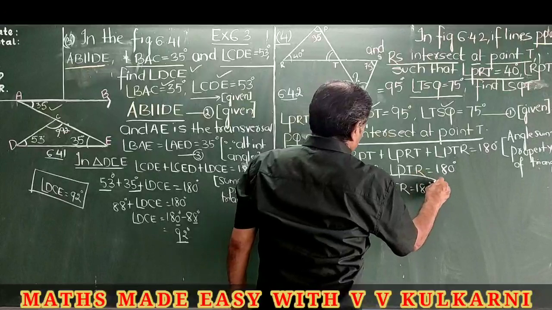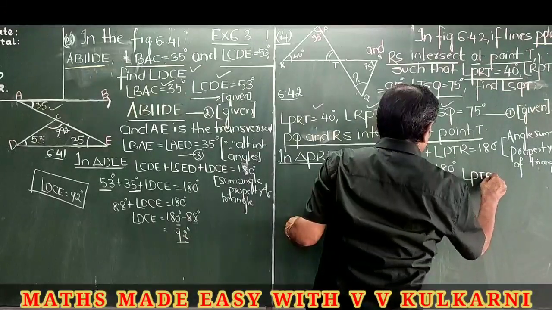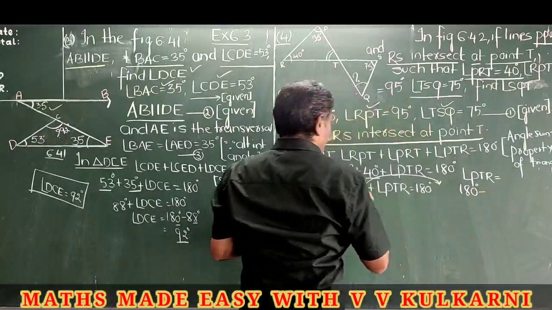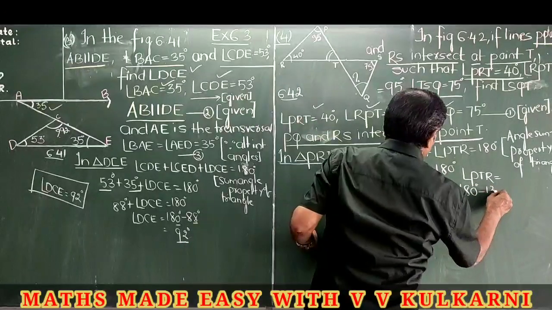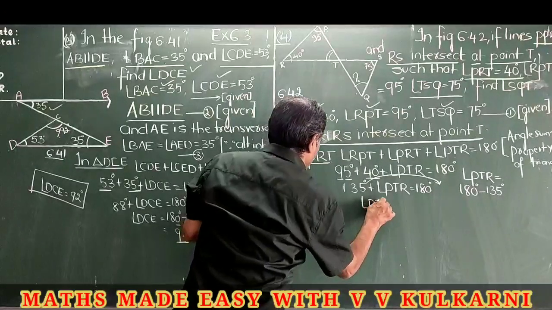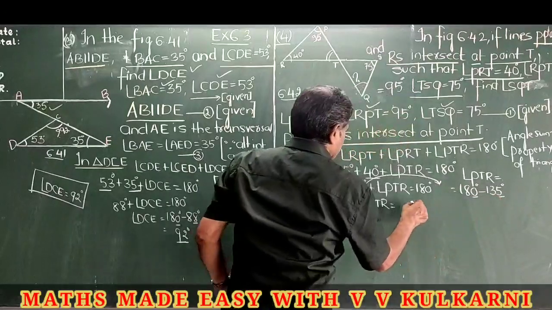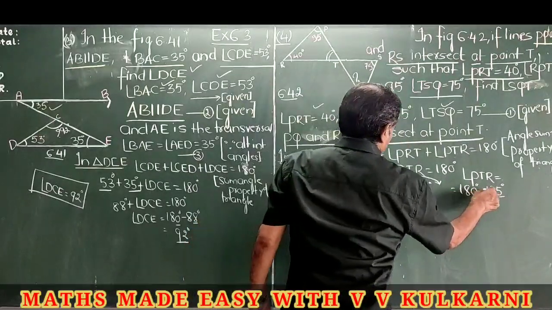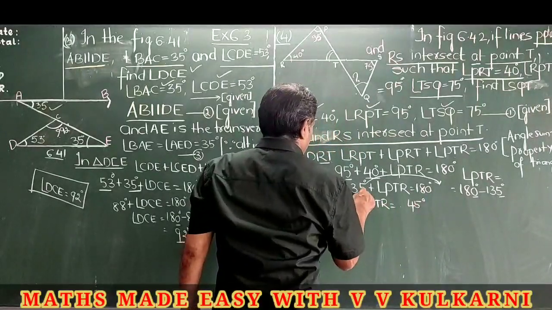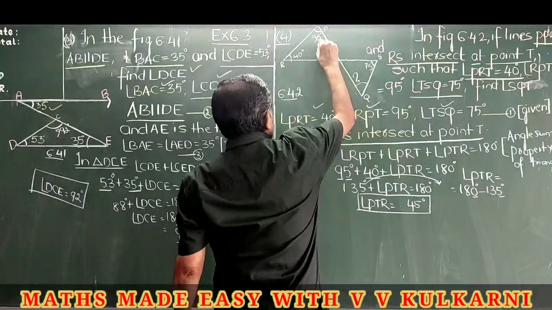If I transpose this to the right side, angle PTR is equal to 180 degrees minus 135 degrees. So angle PTR is 45 degrees. So children, this angle I got as 45 degrees.